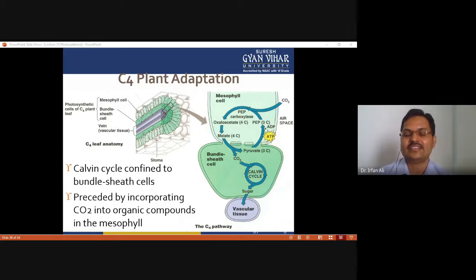Why does this adaptation take place? Because when the stomata are open, oxygen is also taken in. But PEP carboxylase has no affinity with oxygen, so there is no problem if oxygen is present.